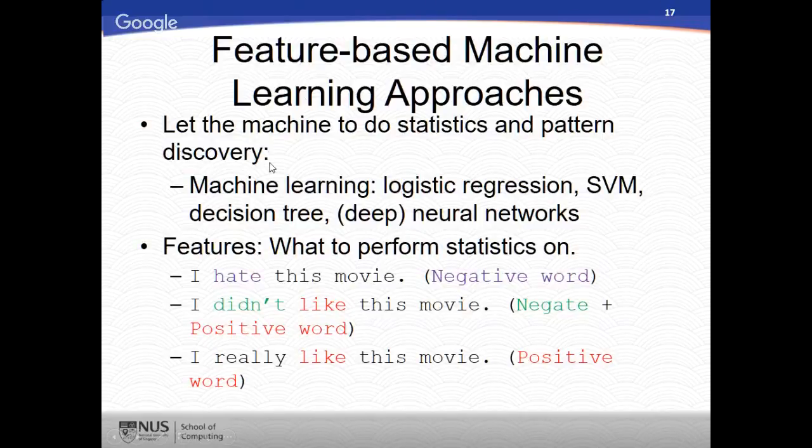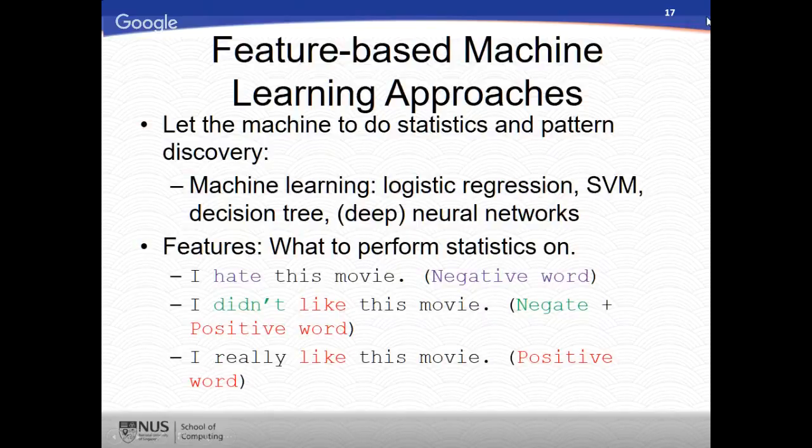But it's less effective and efficient to put all the words of the sentence in to do statistics. Instead, we just extract some information to feed into the machine learning algorithm.